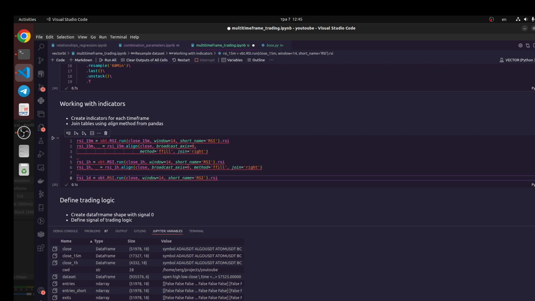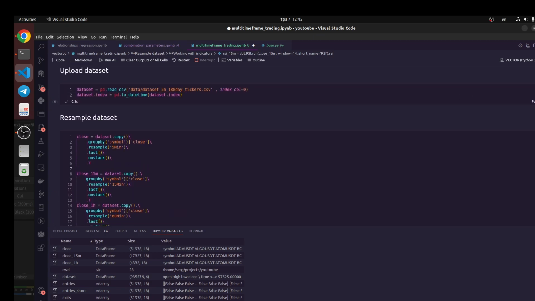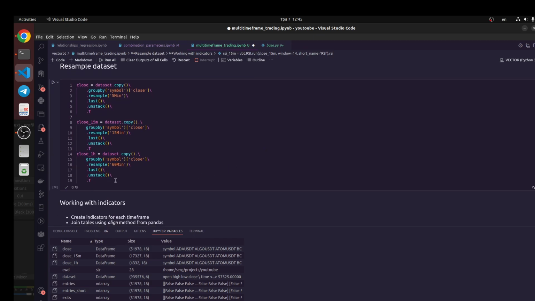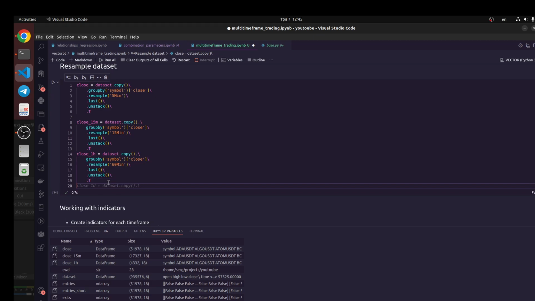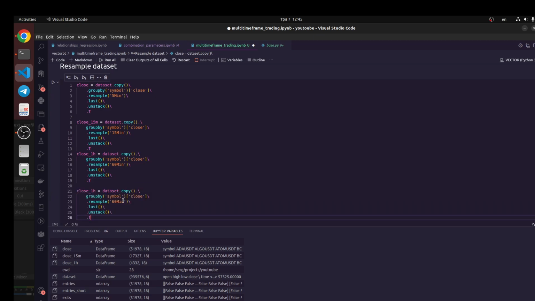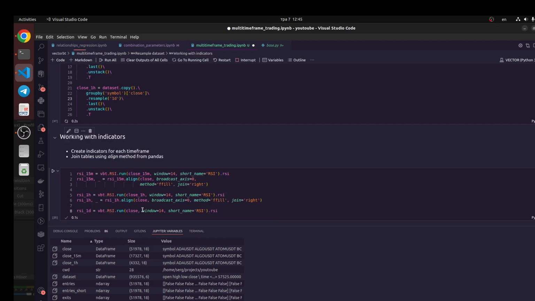Okay, but we need to create a resample logic. It's very easy. What we need to do is, for example, copy paste this one, because we have the same logic, and we need to change these parameters for 1D.